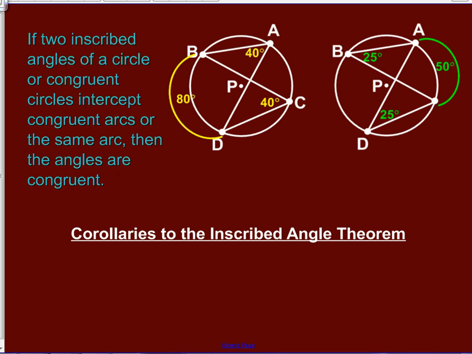So basically what that's saying is that we have angle BAD here, and then we have BCD. And if you notice, it is creating the same intercepted arc here. And so what that means is if we know that BD is 80, then both these angles are 40.